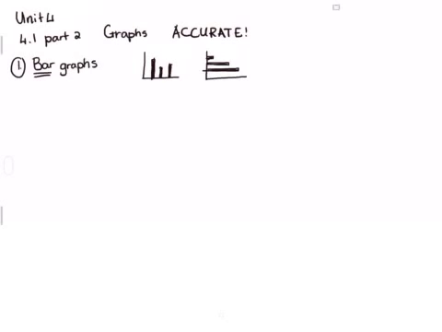Right, when do we use bar graphs most often? For when we have data that is divided up in categories. Right, so for an example, we asked people what type of movies do they like.